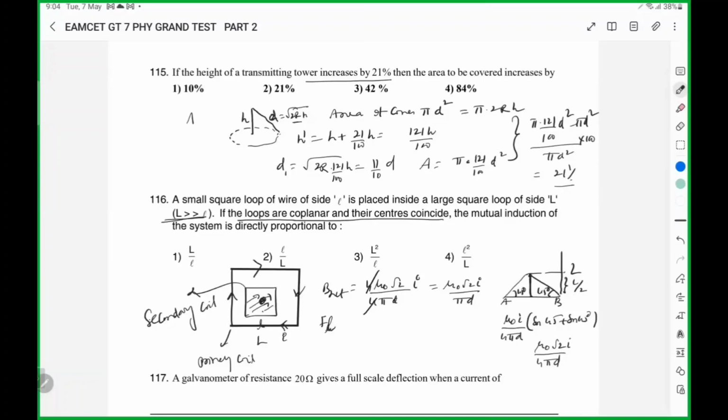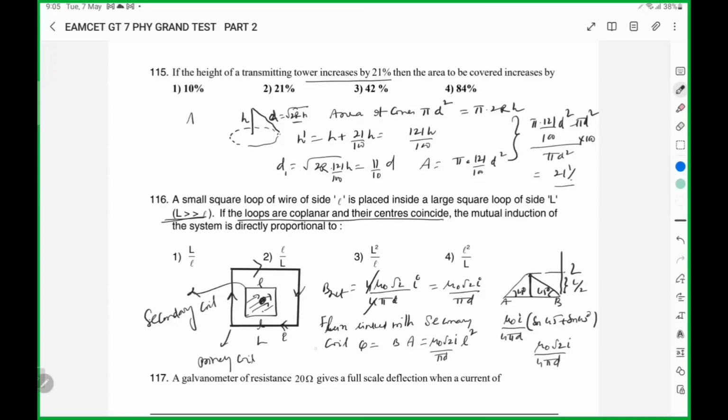The flux linked with the secondary coil is equal to BA. So B is this much, mu naught root 2 I by pi d, and the area is l square.